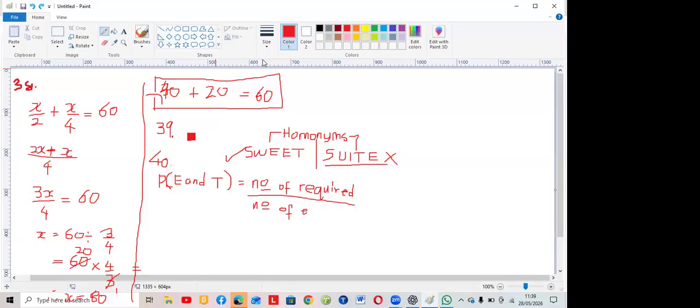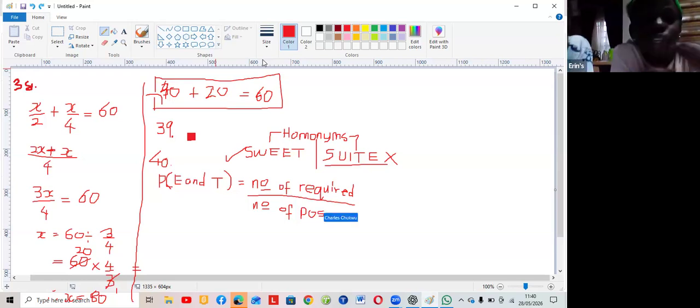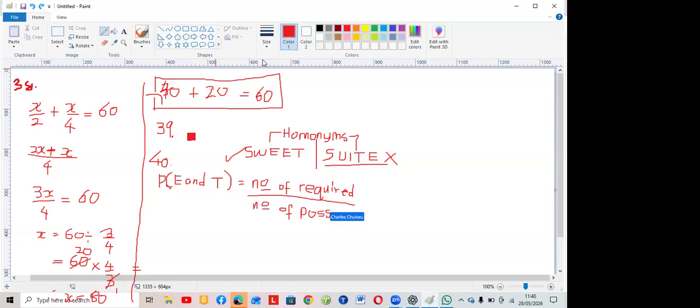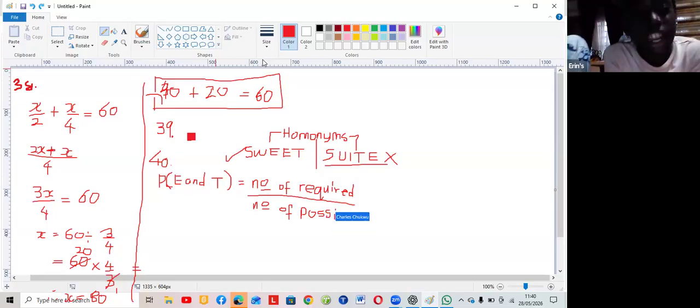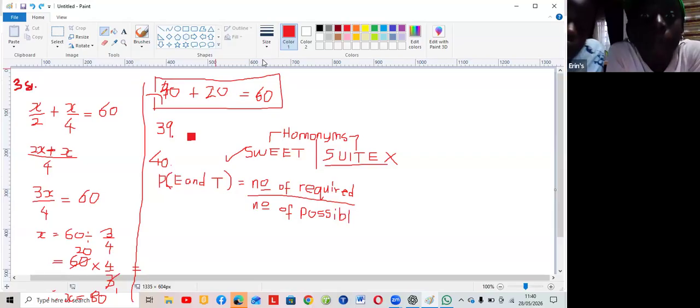When they say number of required, what does that mean? What's it referring to? Number required means how many numbers they have given. No, how many numbers are needed. Are needed by what? By possible events. No.